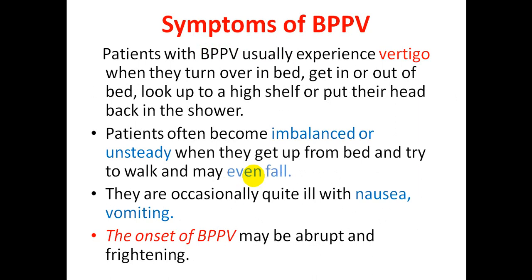What are the clinical features or the clinical presentation of benign paroxysmal positional vertigo? Usually, the patient with benign paroxysmal positional vertigo presents with a sudden onset of severe rotatory vertigo, and the duration is about a few seconds. The attacks are provoked by a sudden change in the position of the head, either when the patient is getting into or out of the bed, or rolling over in the bed, or during elevation of the head.